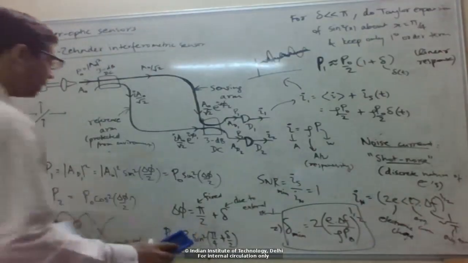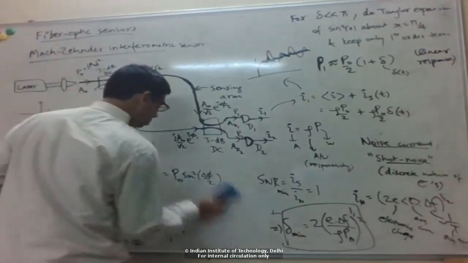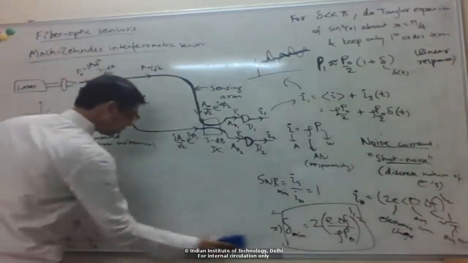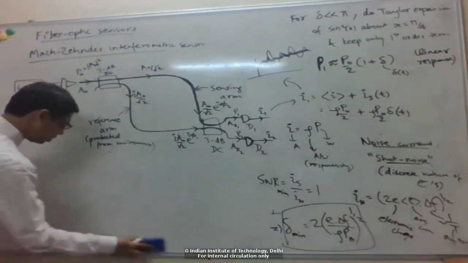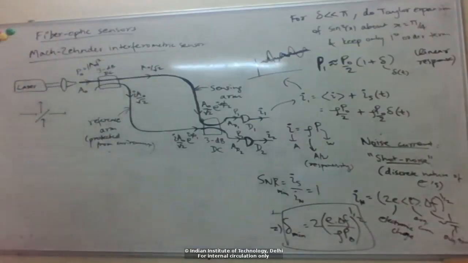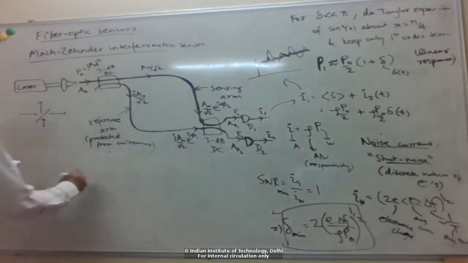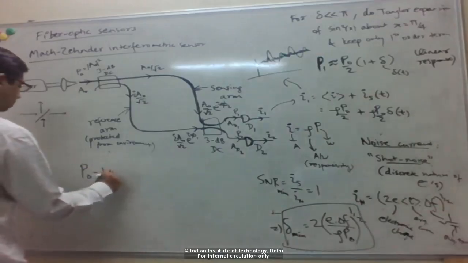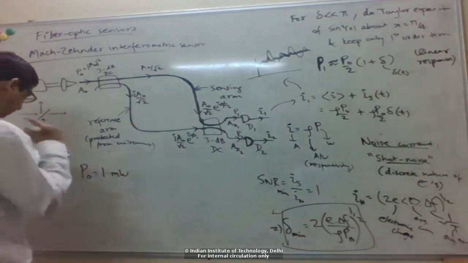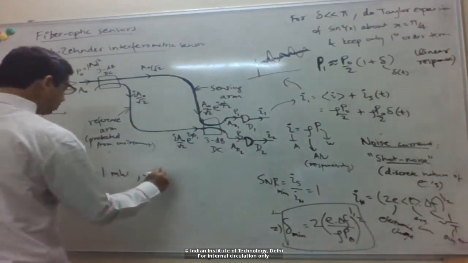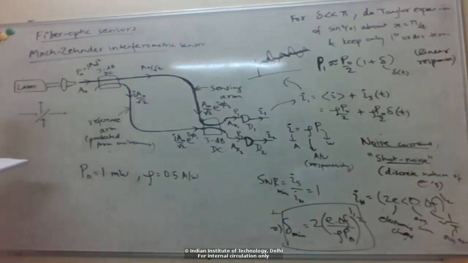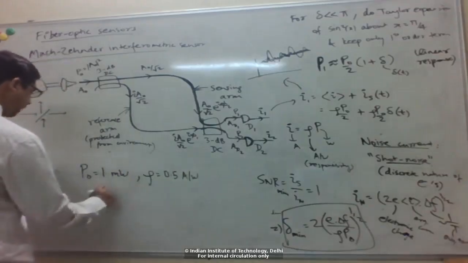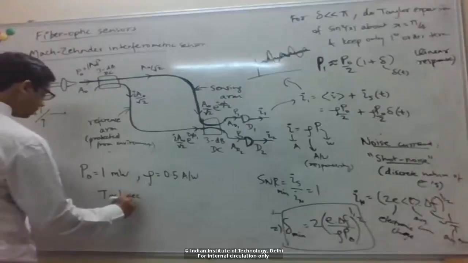If you take some typical parameters, for example, an input power of 1 milliwatt, a responsivity of the detector of 0.5 amp per watt, and let's say an averaging time of 1 second.